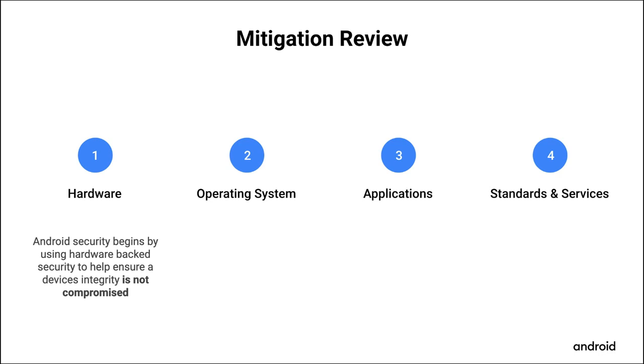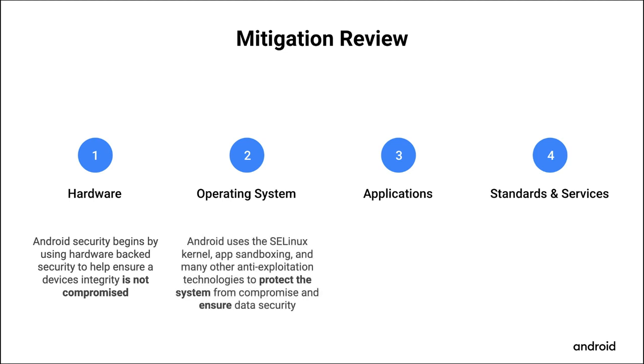So remember, at the hardware layer, Android security begins by using hardware-backed security, and it helps ensure that the device's integrity is not compromised. That is the basis of everything that happens on Android regarding security. The operating system uses the SE Linux kernel, security enhanced Linux kernel.